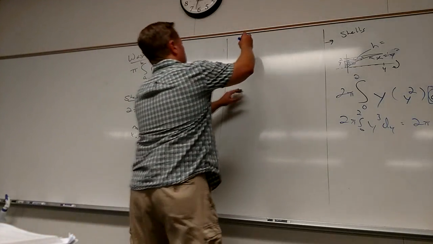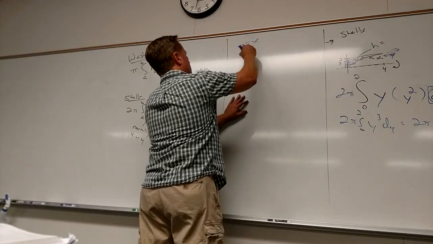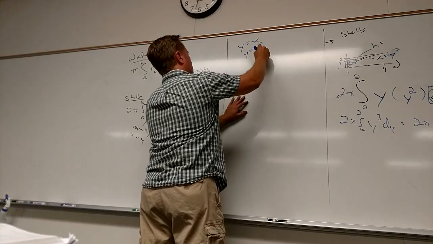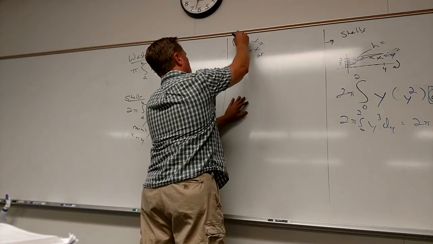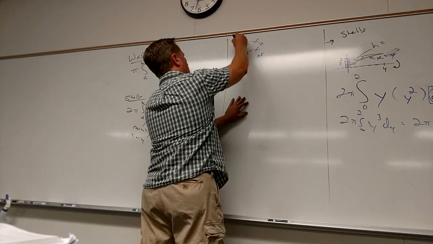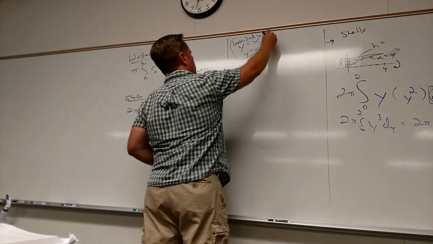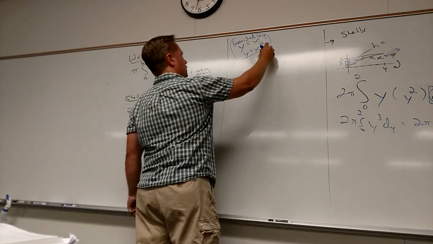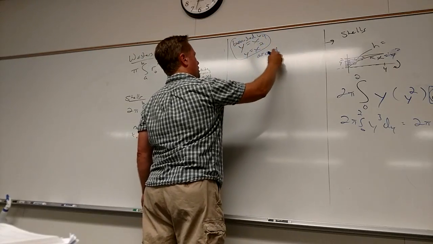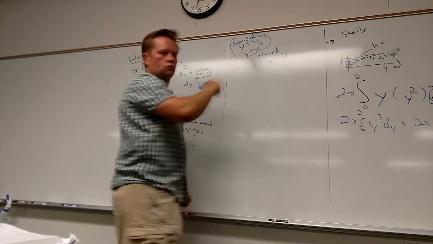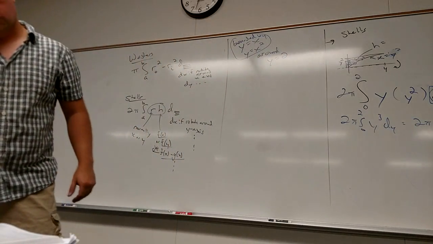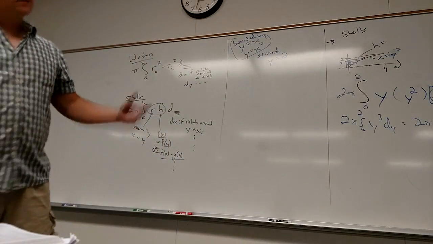All right. So bounded by y equals x and y equals x squared, around y equals 2. Doesn't matter if that's what it says. That sounds good to me.